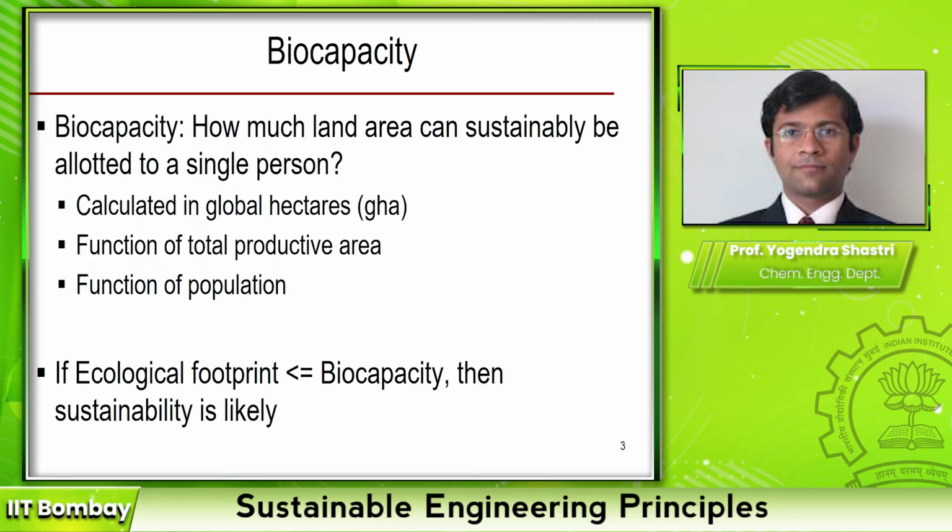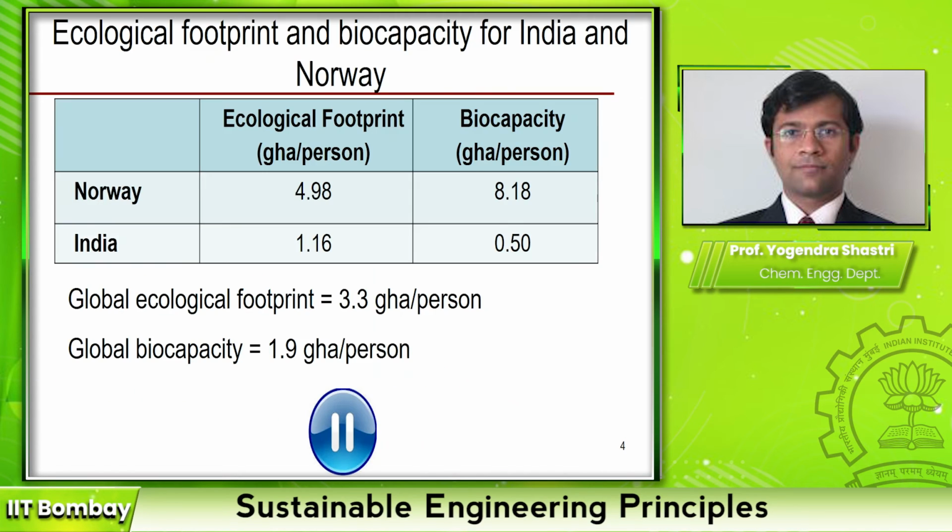But this concept of biocapacity vis-a-vis ecological footprint brings forth certain very interesting aspects from a sustainability standpoint. Let me explain that by taking the example of India and Norway. In this table, I have given the required information for these two countries. Norway has an ecological footprint of 4.98 global hectares per person.